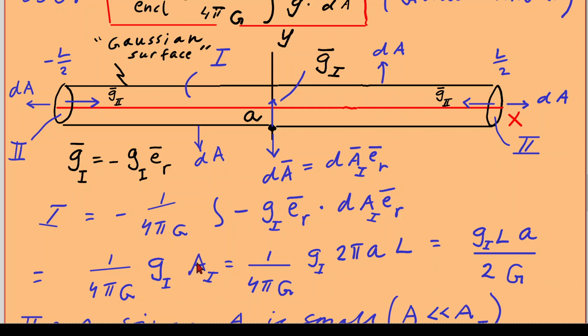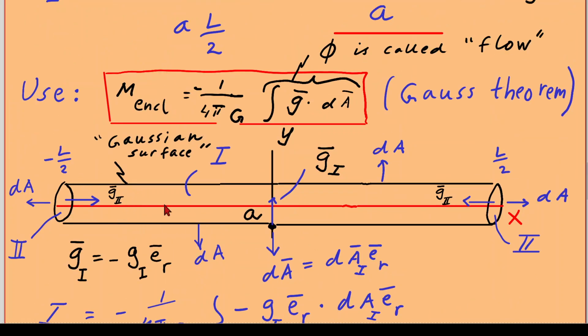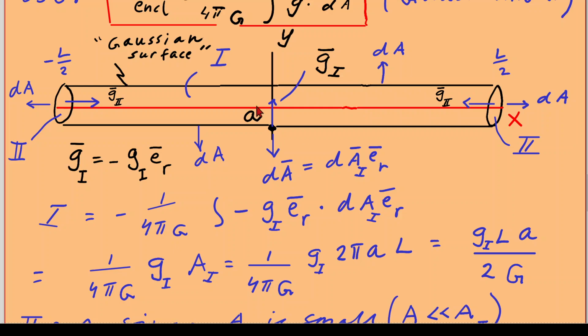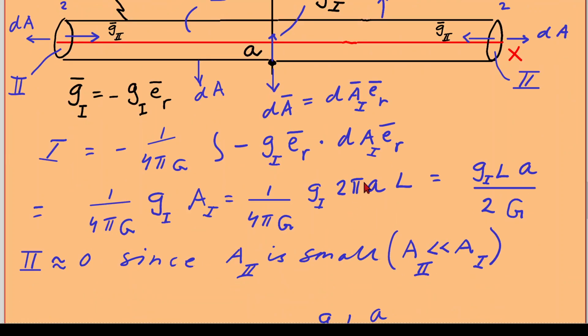That will be the total area of this part of the cylinder, which is just 2πr, the circumference, times the total length L. So it will be 2πa times L, where the radius is a. Then you can simplify and you get this.